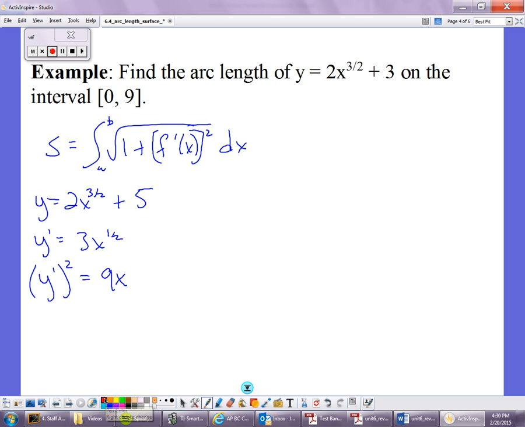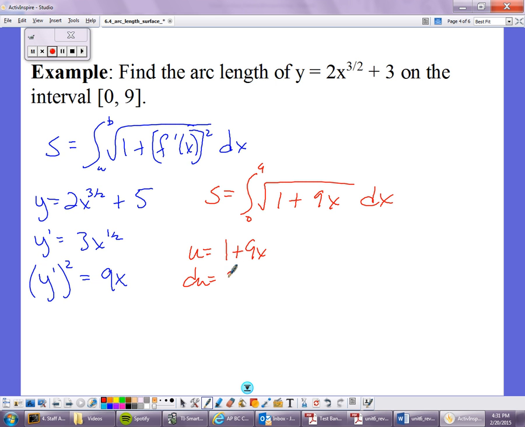So we've got s equals the integral from a to b, and in this case a to b is 0 to 9, of square root of 1 plus 9x dx. This isn't too bad. We can use substitution. u equals 1 plus 9x, so du equals 9 dx, so 1/9 du equals dx.